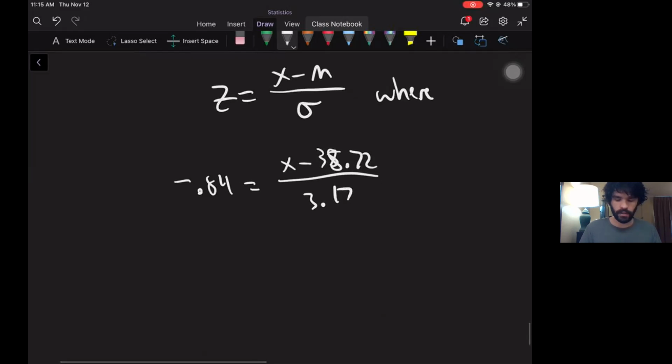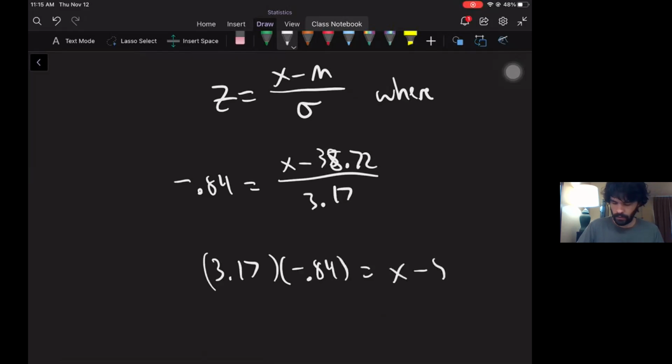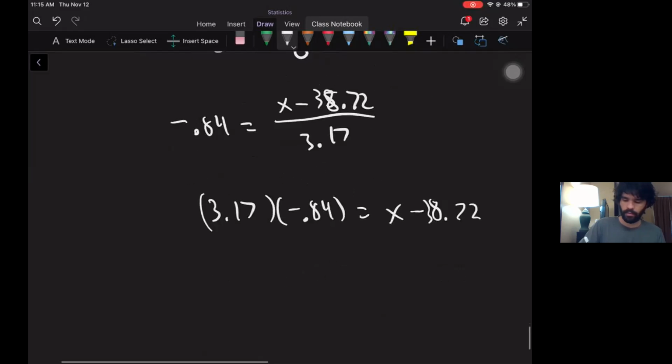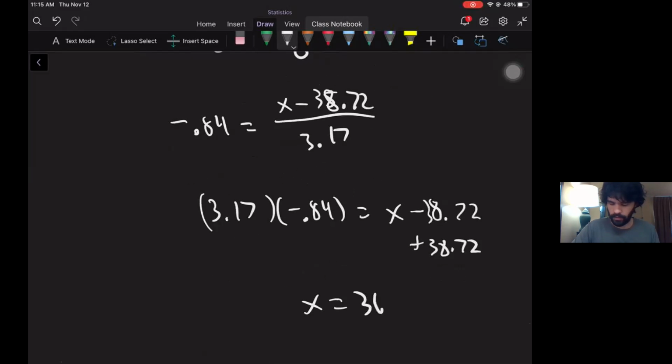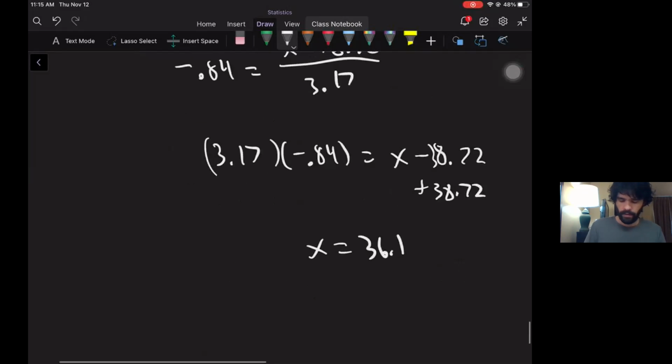So I can solve this equation by multiplying 3.17 up and over. And then I can add the 38.72 over. And if you do all this work, you'll end up with 36.1. So you can use a calculator to help you with those things, but that's what you're going to get.